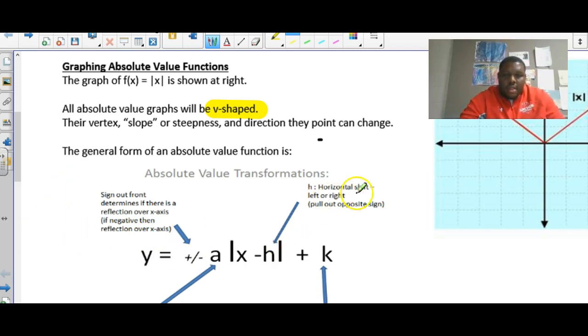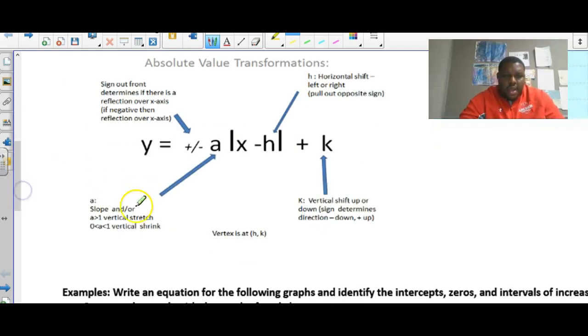Then there's the horizontal shift, left and right. We did this before, but make sure you do the opposite of the sign. If it's plus here, you're going to move to the left. If it's negative, you're going to move to the right. So do the opposite of what you see. And then, of course, k is your vertical shift, up or down.